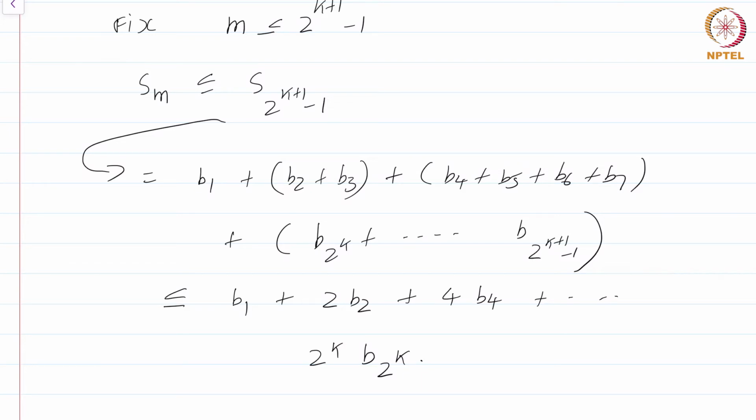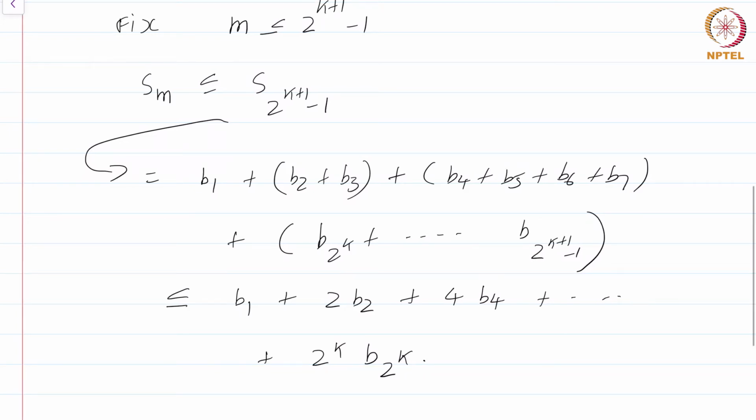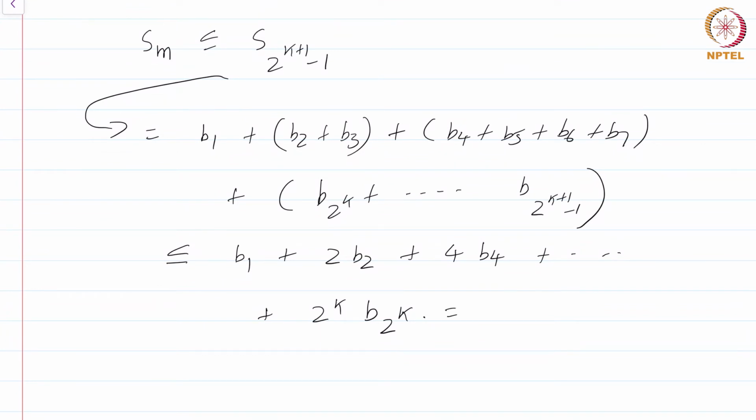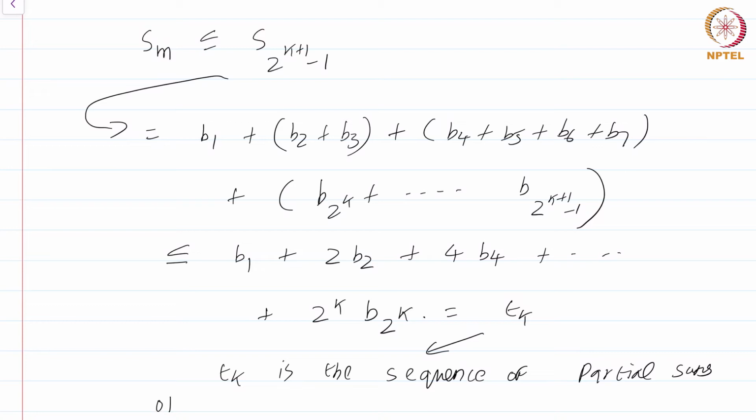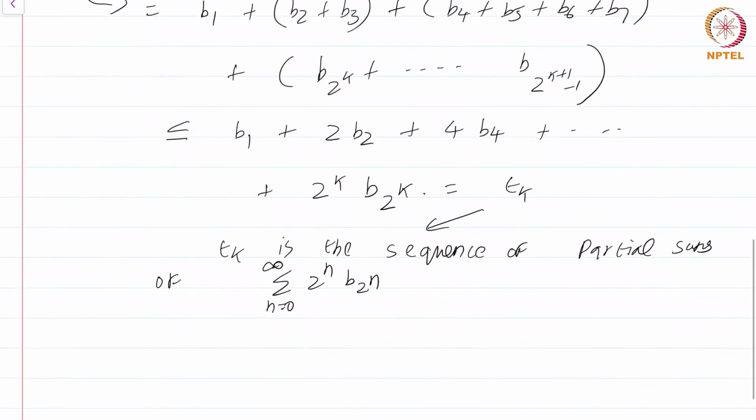So what have we got? This is nothing but tk, where tk is the sequence of partial sums of summation 2 power n b 2 power n, n equals 0 to infinity. So what we have established is that the sequence Sm is bounded above.